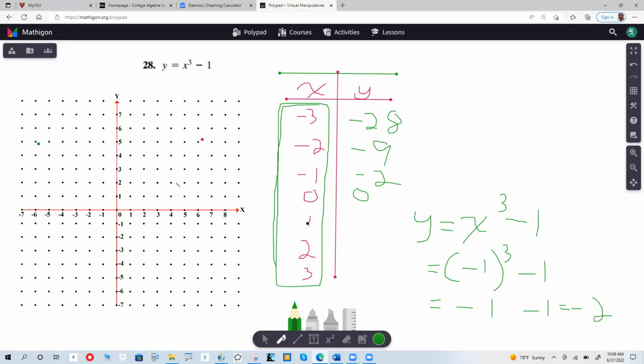When x is 1, 1 to the power 3 is 1, and 1 minus 1 is 0. When x is 2, 2 to the power 3 is 2 times 2 times 2, which is 8. 8 minus 1 is 7.